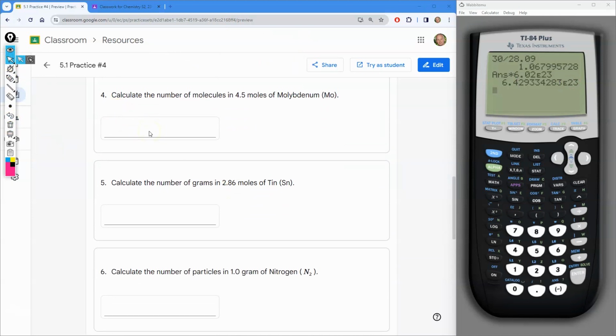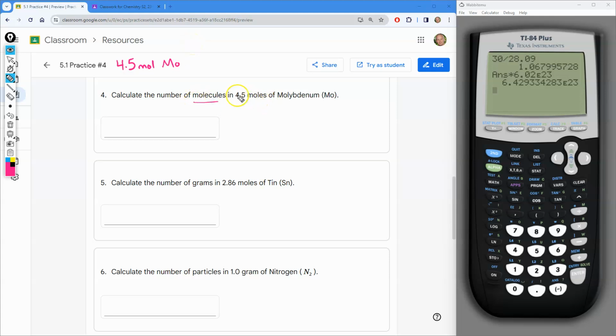All right. Calculate the number of molecules in 4.5 moles of molybdenum. I'm not sure how to pronounce that. Good luck. All right. So we start with the given, which is 4.5 moles of Mo. And it is asking us to go to molecules.